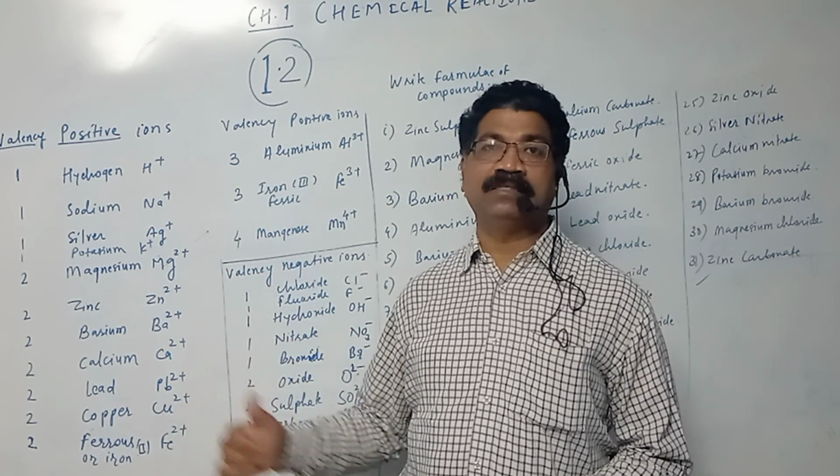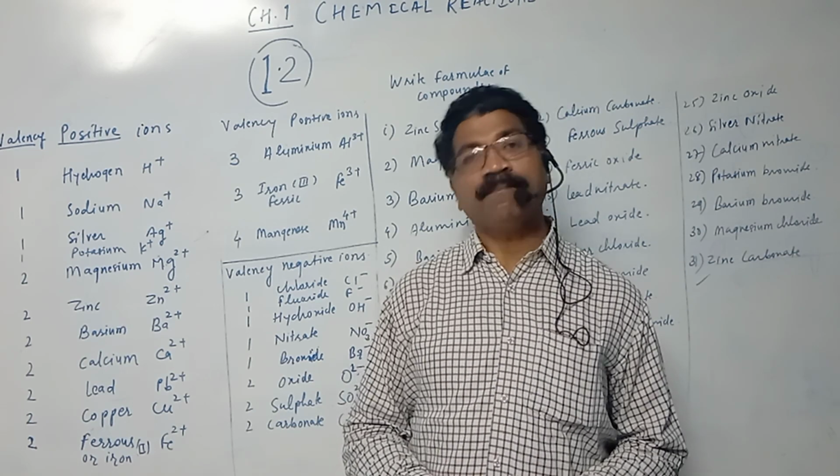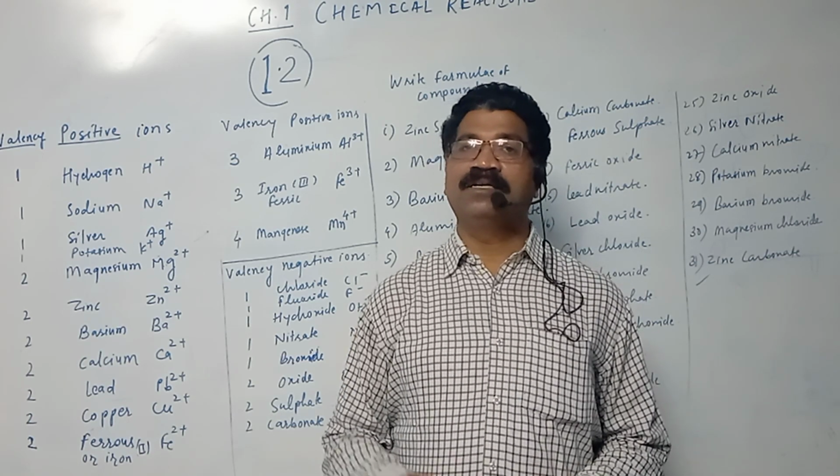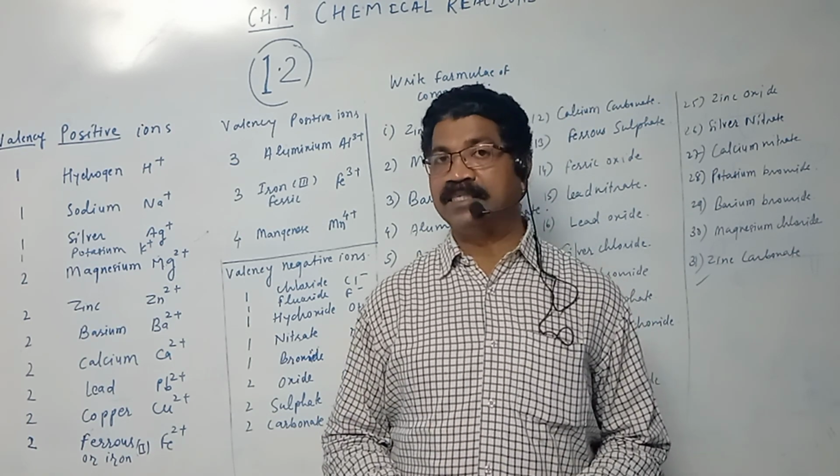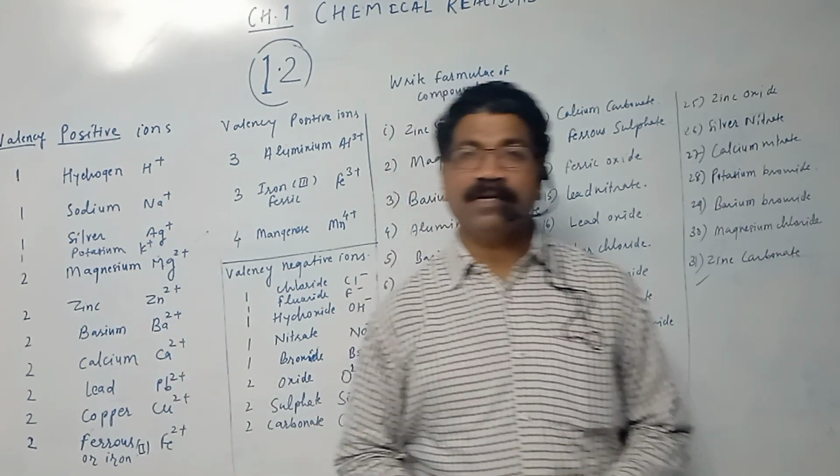You have to practice it to write the name of the compound, so that the writing of chemical reactions will be very easy. So what are the radicals over here?